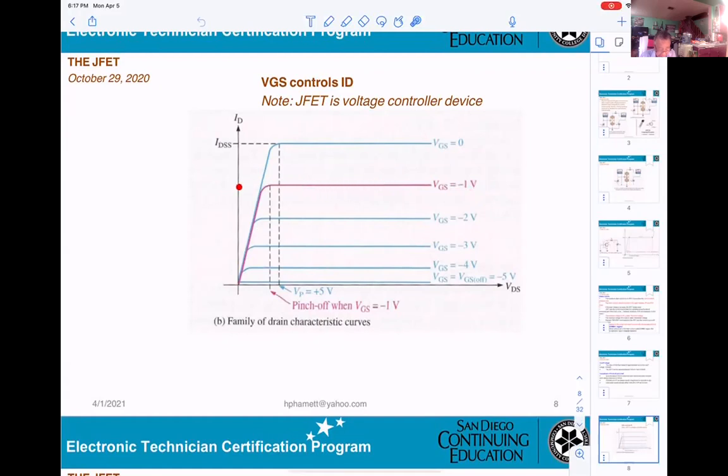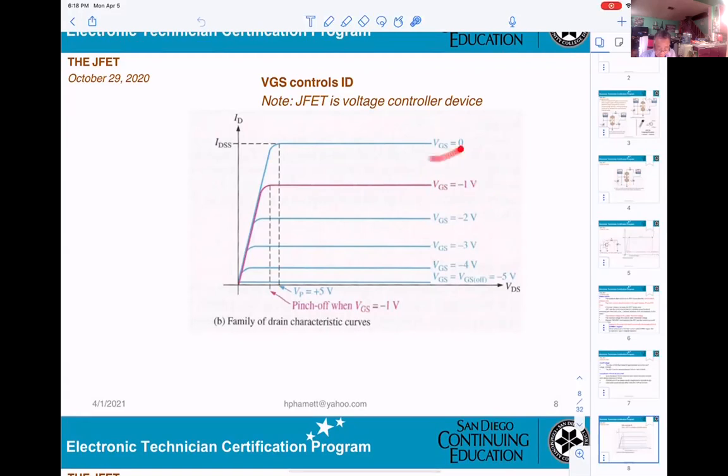This point right here will be ID. And if you want VDS, going down, you can get VDS. So basically, the current ID of VDS varies depending on the VGS.